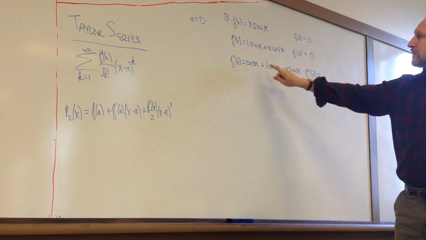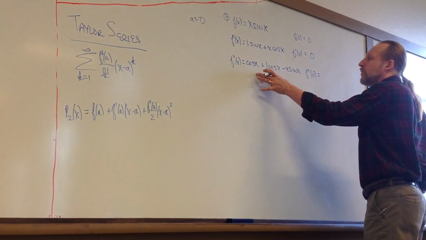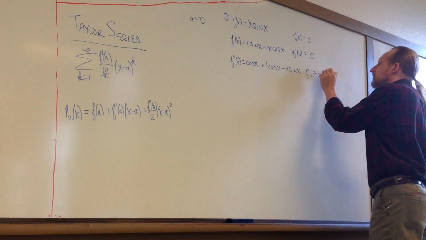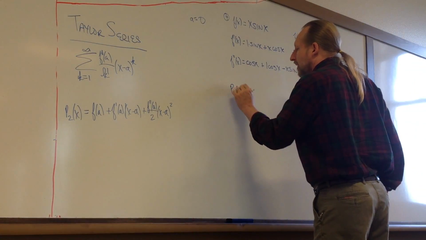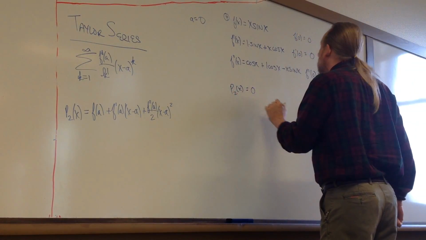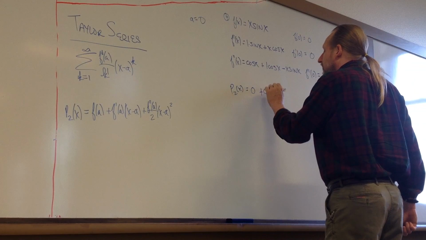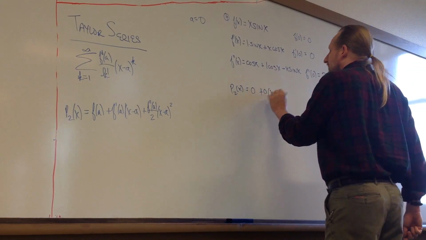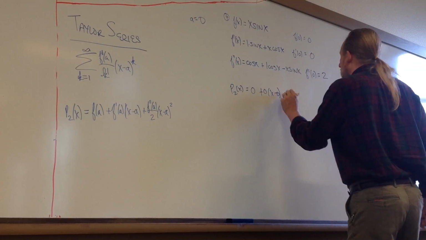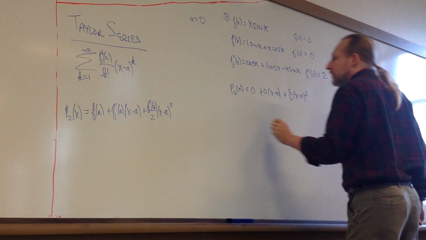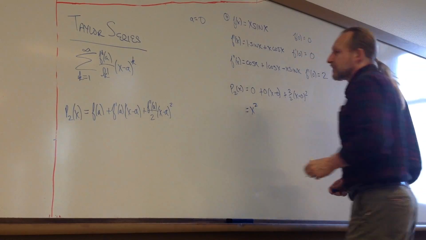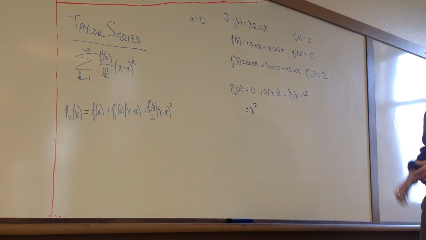Cosine 0, those are both 1, so we got 1 plus 1 here. This is 0, so that'll be 2. So our approximating polynomial is kind of disappointing. It's 0 plus 0 times x minus 0 plus 2 over 2 times x minus 0 all squared. And so it's really just the parabola y equals x squared.